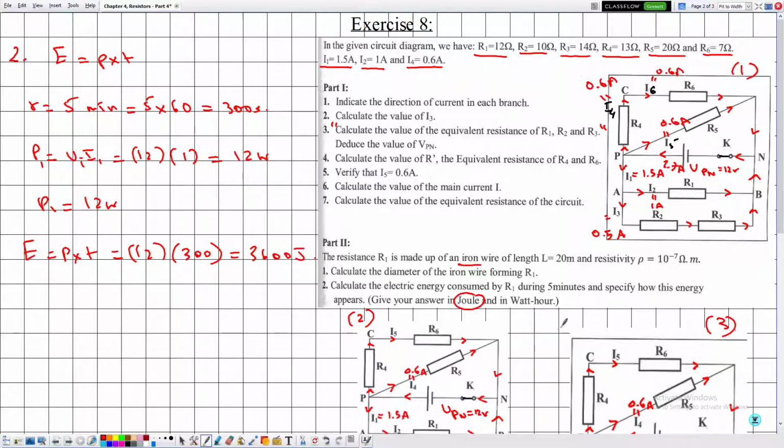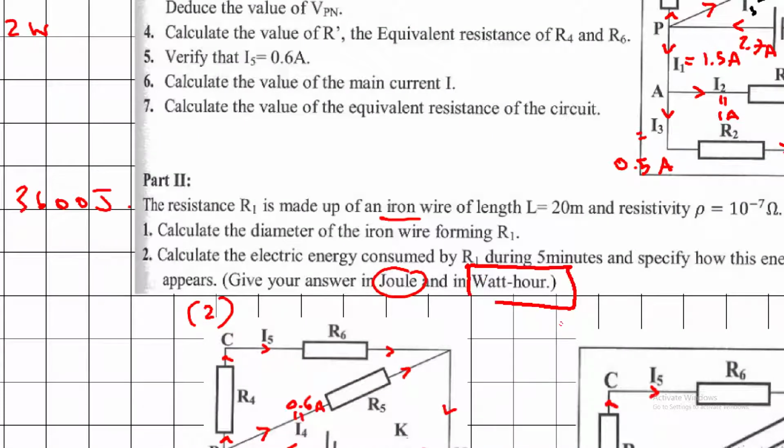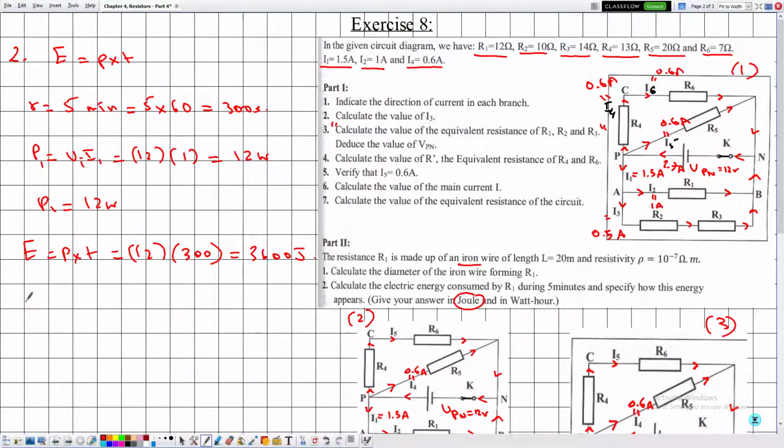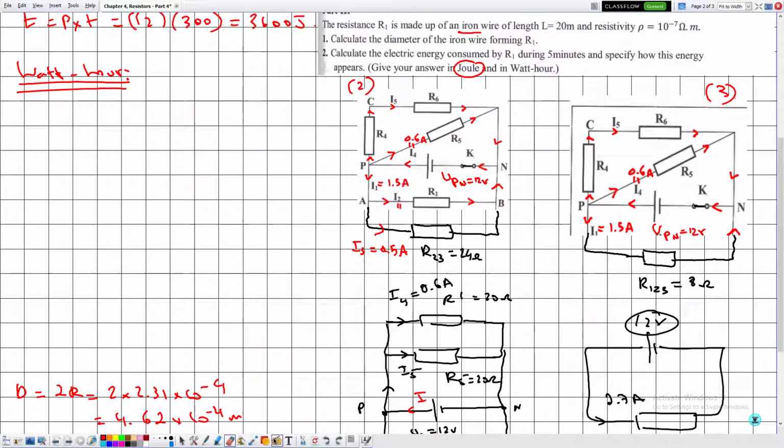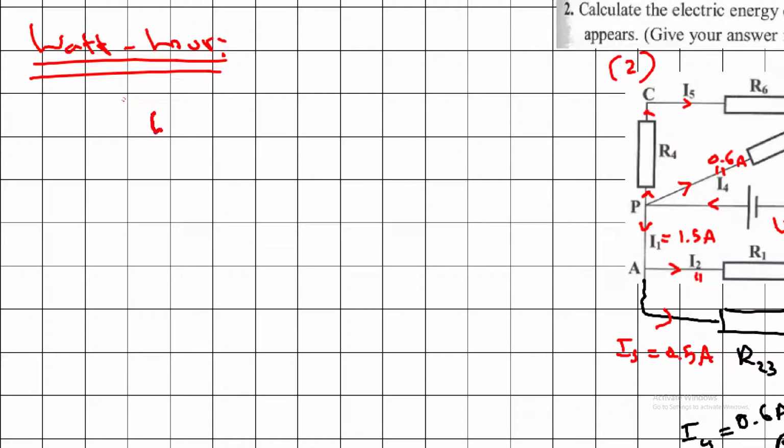Now if you want to calculate in watt hour, so this is in joules, now in watt hour. Watt hour means the power must be in watts and the time in hours.